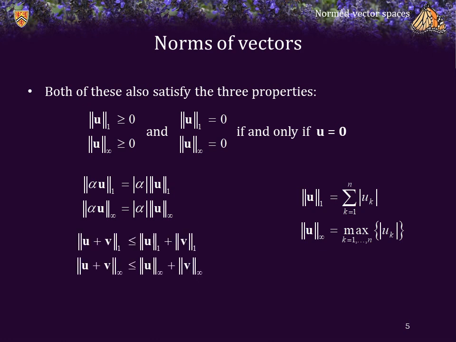Finally, although it's a little bit more difficult to show, both the 1 norm and the infinity norm do satisfy the triangle inequality. Now, you will have to show some of these properties perhaps on an assignment.